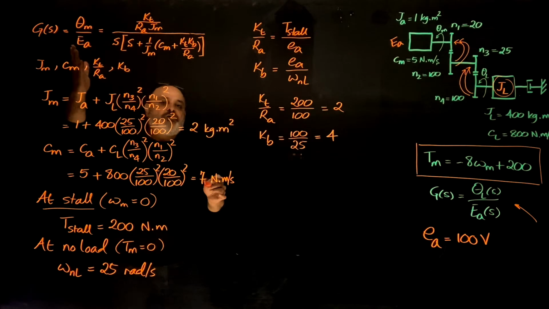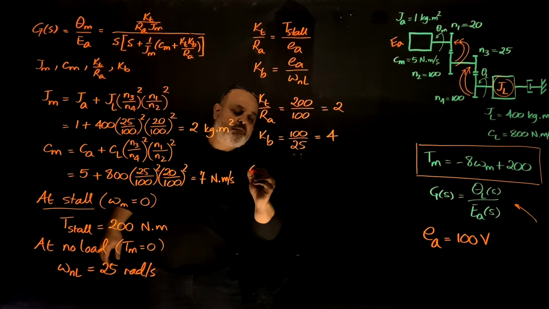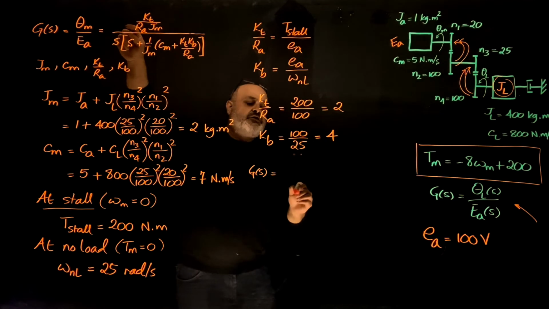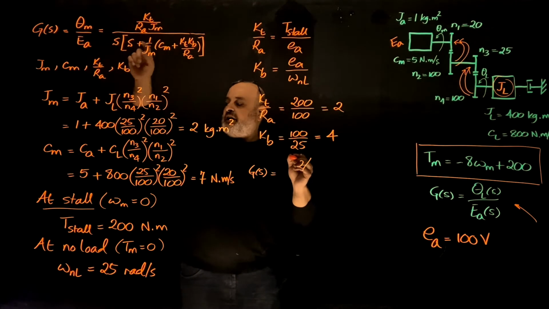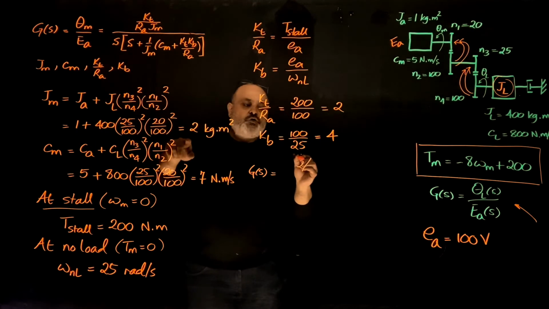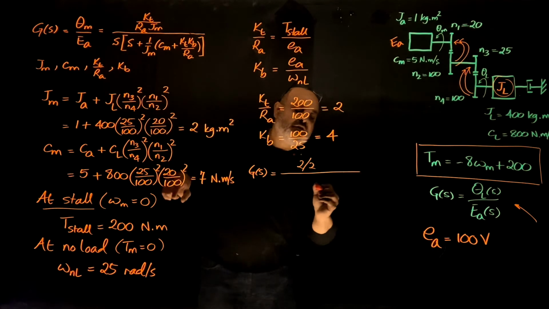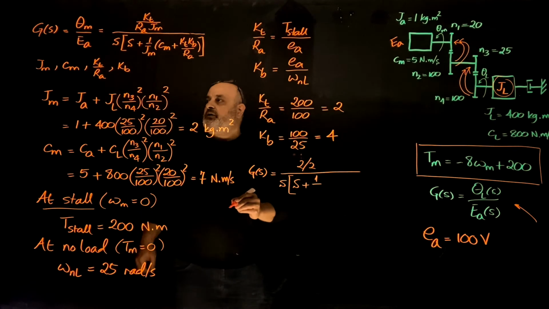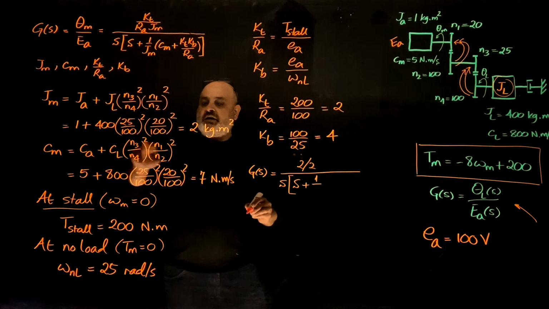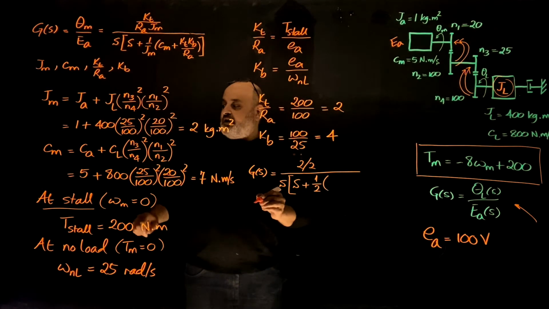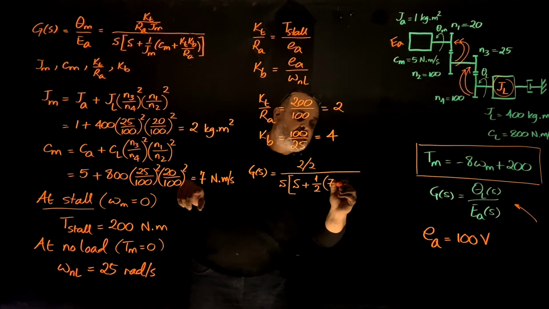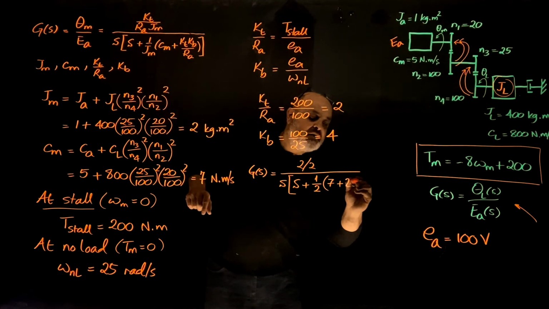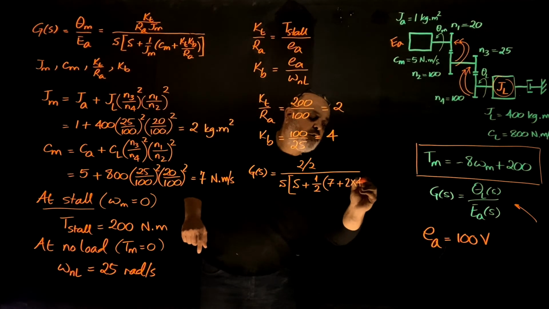Now I can substitute back into this transfer function G. K T divided by R A is 2, divided by J M, which is 2, all divided by s times s plus 1 over J M, which is again 2, times C M, 7, plus K T over R A, which is 2, times K B, which is 4.